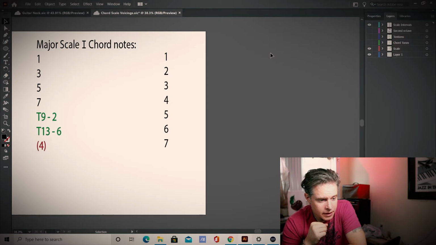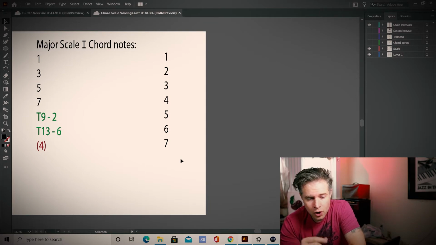I've made this graph for you here, and on the right is your scale tones for chord scale voicings. Meaning in your major scale, which is going to be your first scale, it's going to have the one chord living in it, starting from its first note.